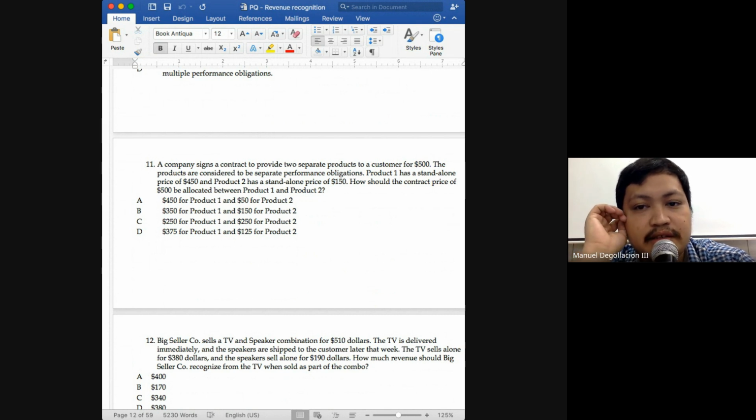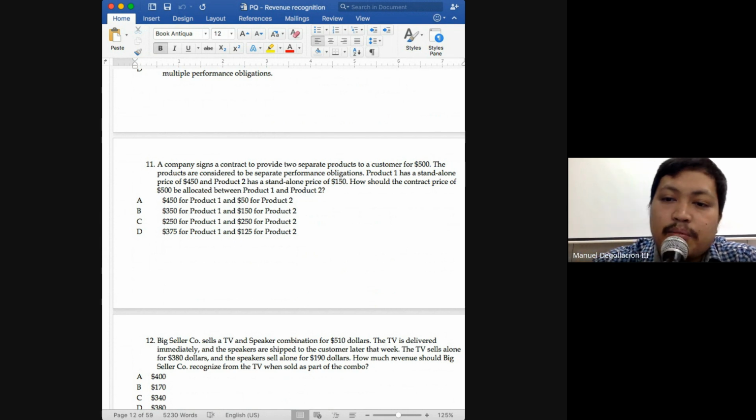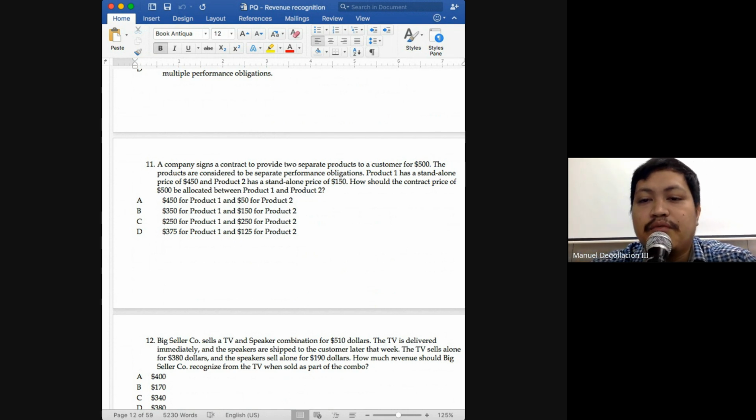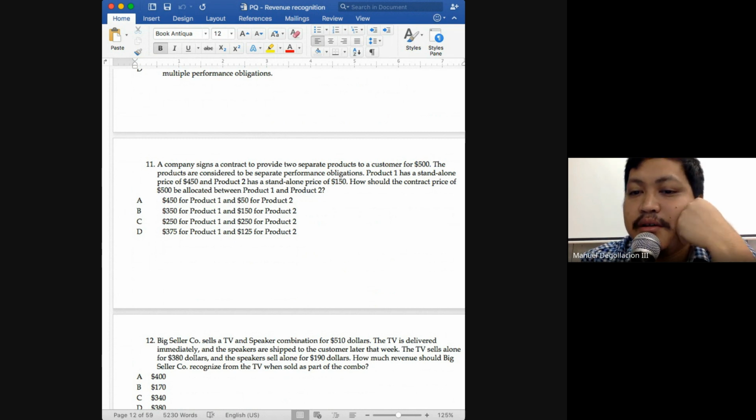So basically, this is an easier problem compared to the other questions we've answered on allocation of prices. Why? Because we are only dealing with 2 products and both products have their standalone price. Okay, so what do we do? Come up with your fractions class. What would be our fraction for product 1? 450 divided by 600.